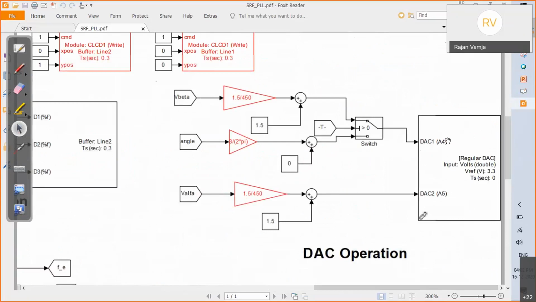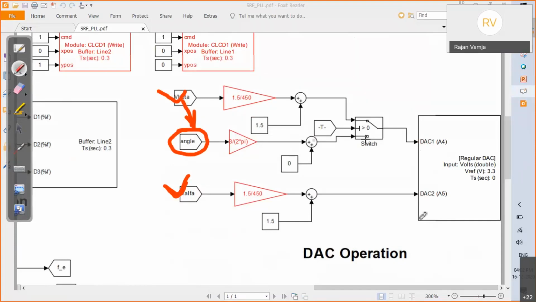We need to put some of this, explained in the code also. Initially, we were observing on the screen. When we were pressing some key at that time, we observed V alpha and angle.